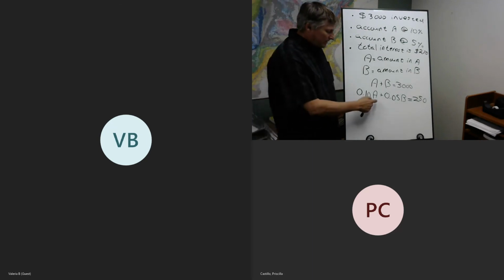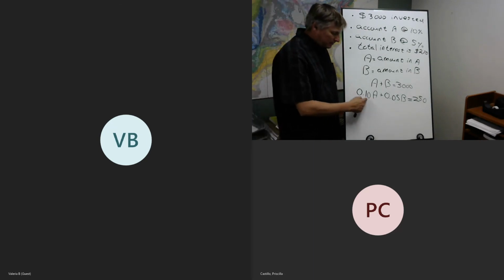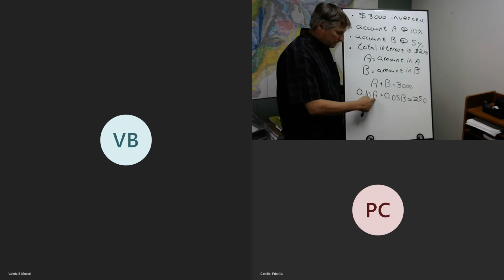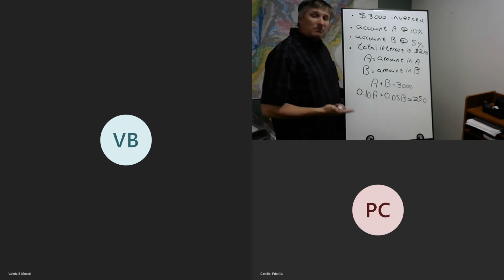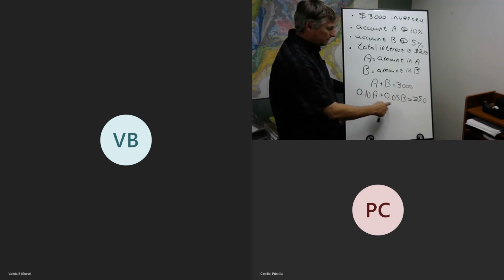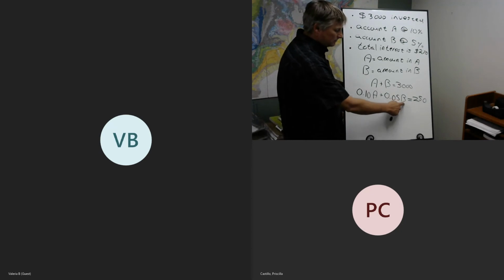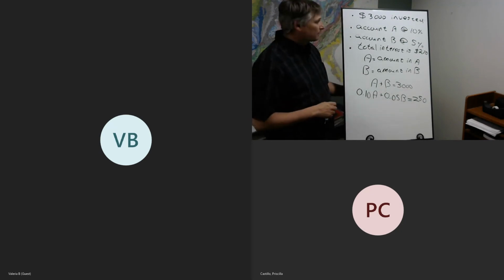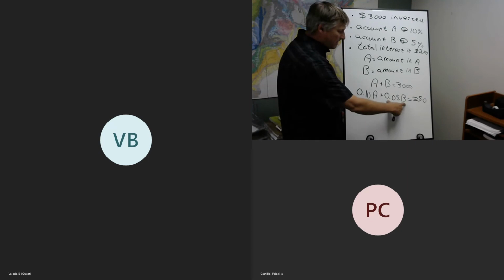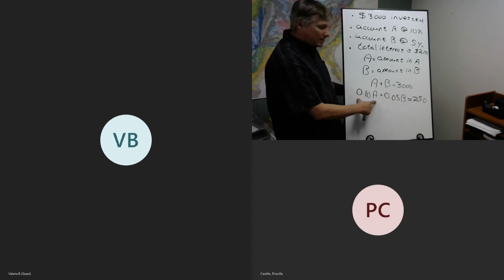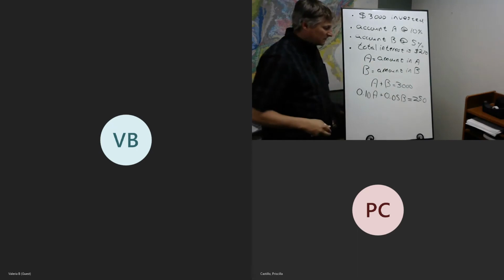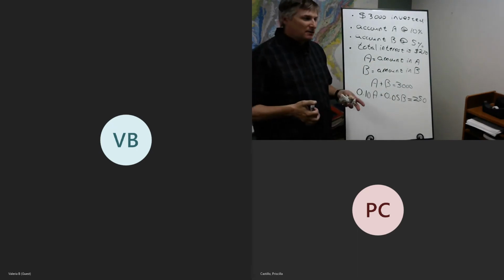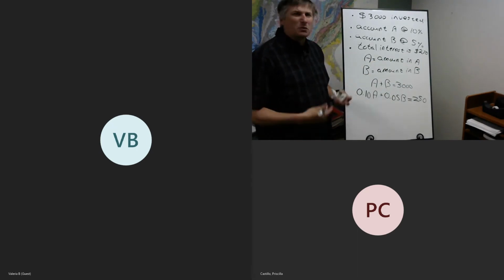Now the interest in account A is the interest rate as a decimal times the amount of money in account A. The amount of interest from account B is the interest rate times the money in account B. And if we add the interest from B to the interest from A, that's going to be $250. So again, I modified the data here to make a more challenging, more relevant situation.